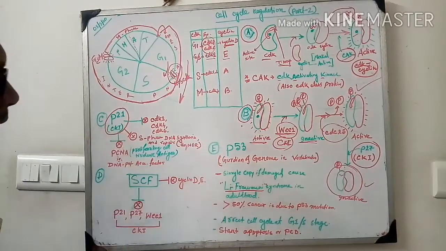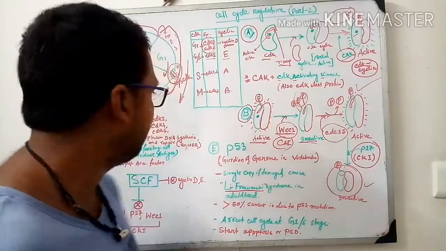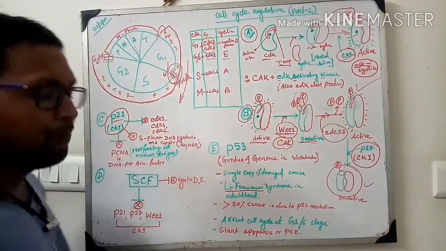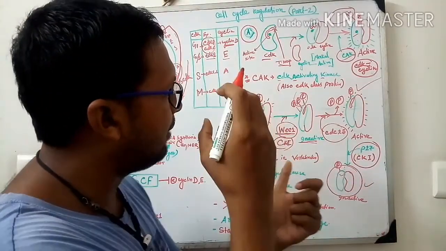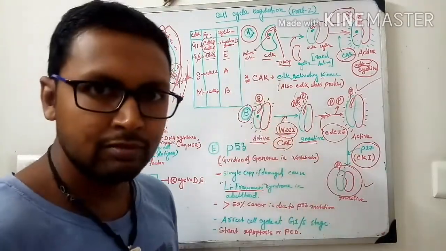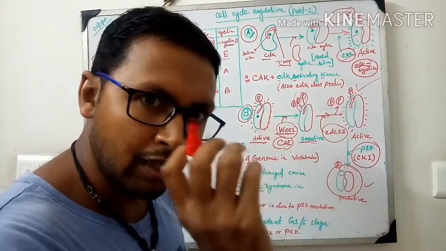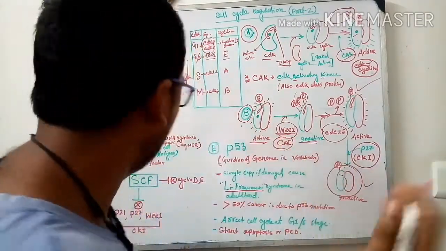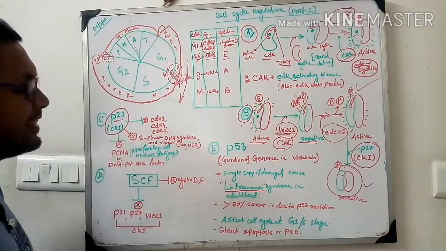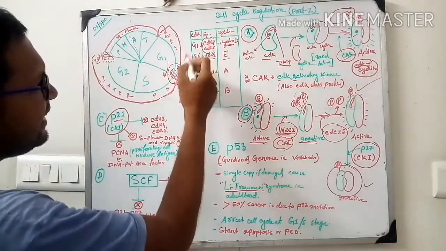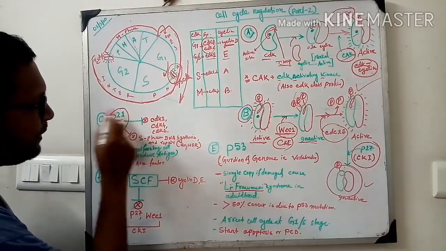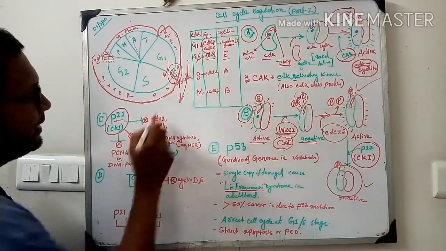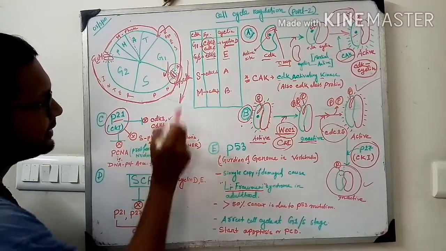And here another CDK inhibitor is there, the P21. We will see the pathway later. Actually, I am discussing each and every protein and its function. Now, P21 is another CDK inhibitor. These CDK inhibitors are so important. P21 inhibits CDK2, CDK4 and CDK6.